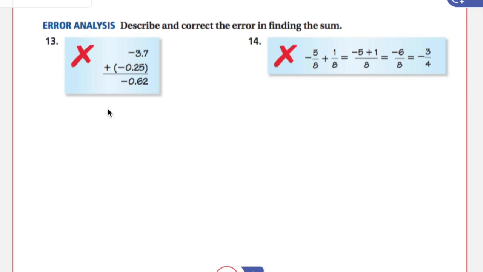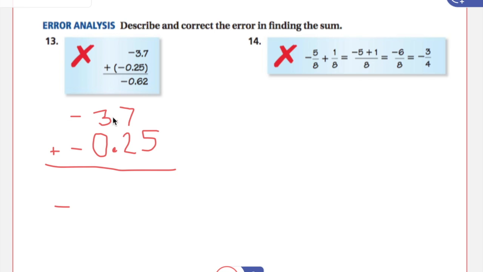So my answer is going to be negative, but their decimals are not lined up, and it looks like they subtracted. So set 3.7, and then I want to put my decimal here, and put here's 2, 5, and then I'll have here's my 0 in my ones place. So I know that my answer, a negative plus a negative is a negative, and then I add it together.